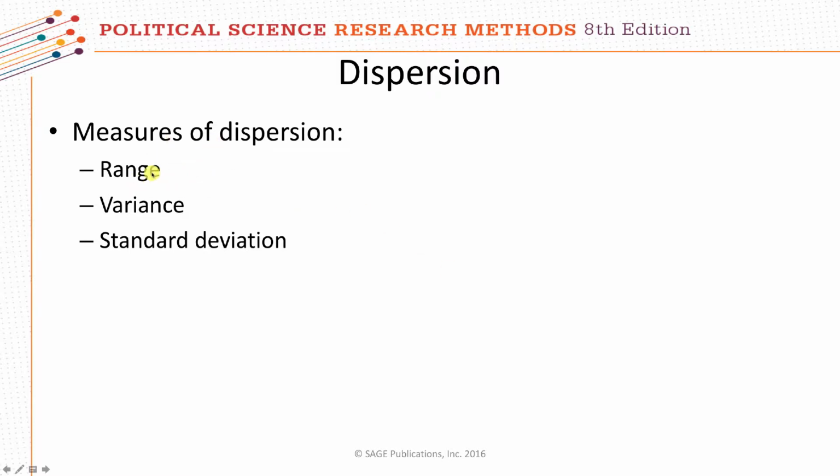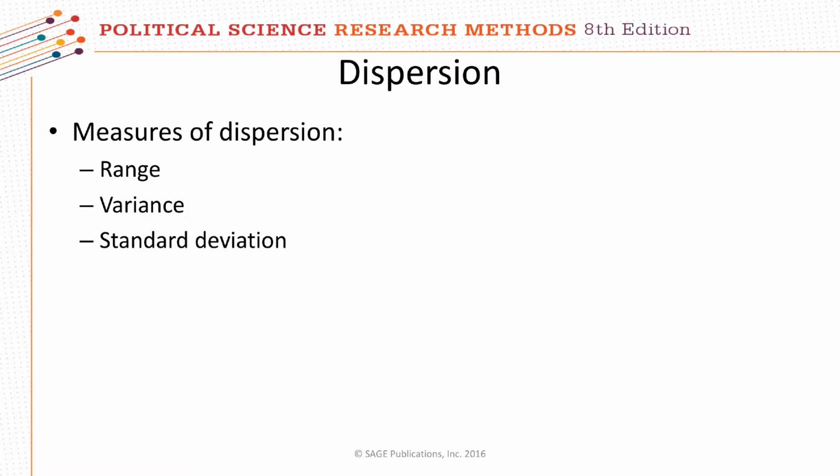Range is quite simple. It doesn't have anything to do with the mean per se, but variance and standard deviation definitely do have something to do with the mean. And so that's why understanding what the mean is for a given variable or a given set of observations becomes extremely important in the long term.